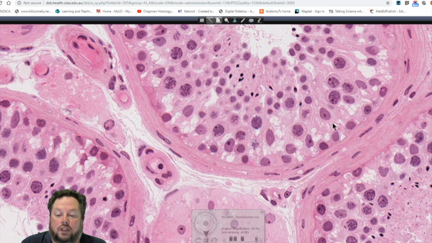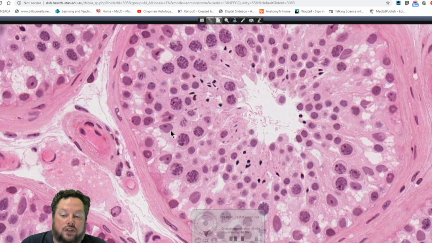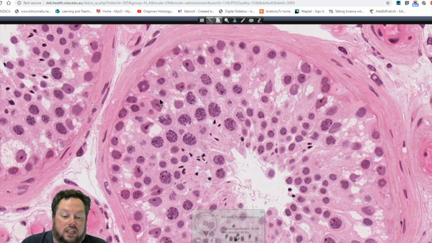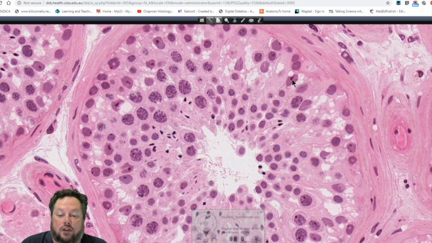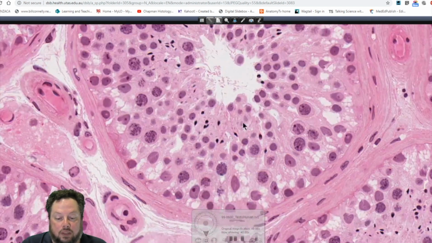A lot of the time, the nurse cell nuclei are quite pointy, and they have a prominent nucleolus. This one, obviously, we're not through the section of the nucleolus, and this one we are. So if you see something like this, these are the nurse cells within the seminiferous tubules. Anything with this nice big nucleus and prominent nucleolus is going to be a nurse cell. Remember, they extend all the way from the basement membrane to the lumen.